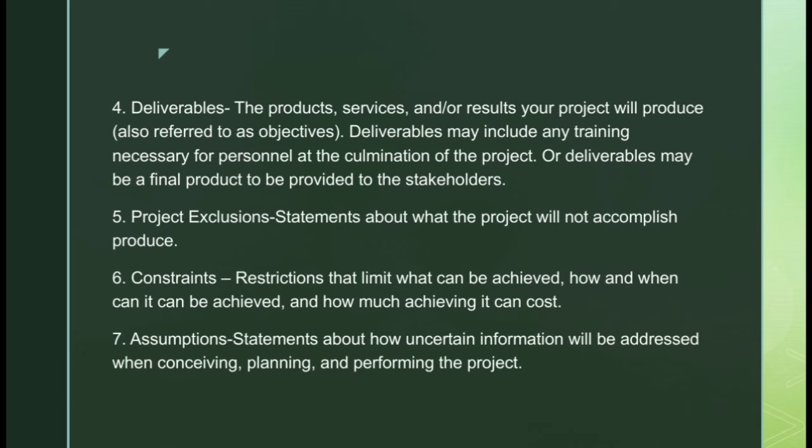So constraints, it's all about restrictions that place limits on what can be done, how, when, and how much it will cost to do it. So let's proceed to number 7, the last number, assumptions, which states how uncertain information will be addressed when conceiving, planning, and performing the project.